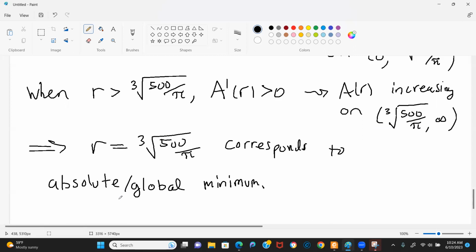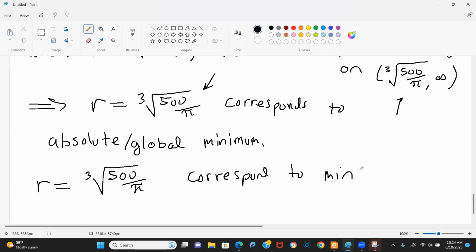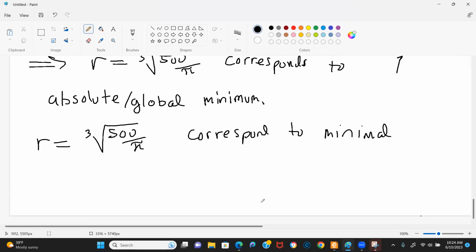And so that means that this point right here corresponds to a minimum, but the function just keeps increasing. It never goes back down. So it can't go below that point. So this just has to be the minimum point. So this point right here is going to correspond to minimal surface area and hence minimal cost.